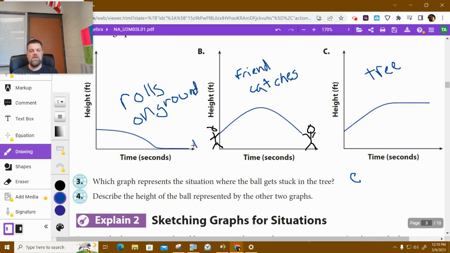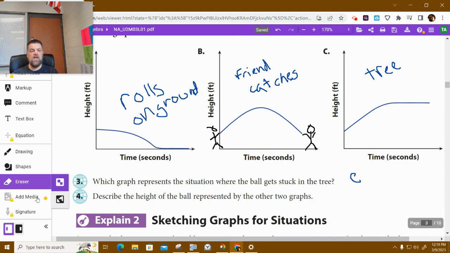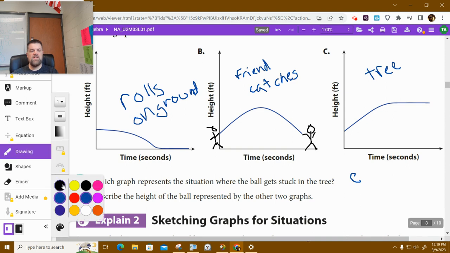So it's the same scenario here. You got a person over here. They throw the ball. And their friend is over here, and they have to reach down and grab the ball.